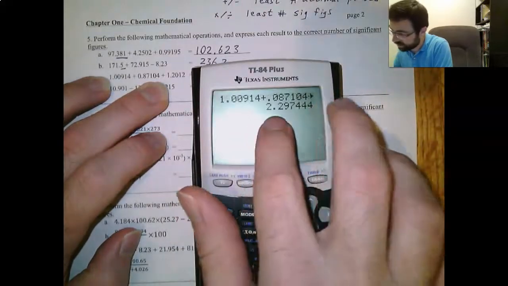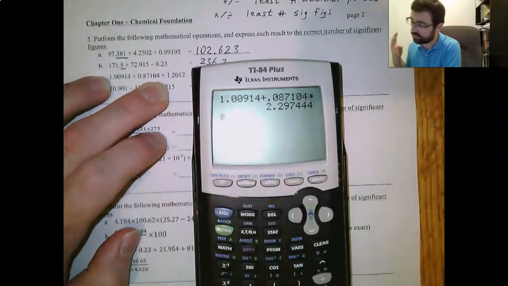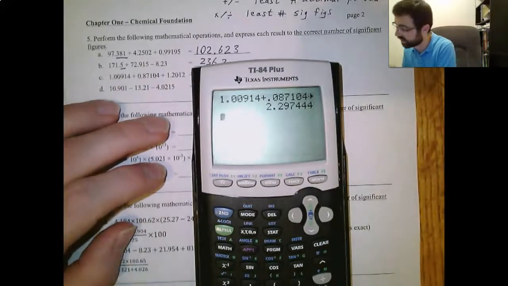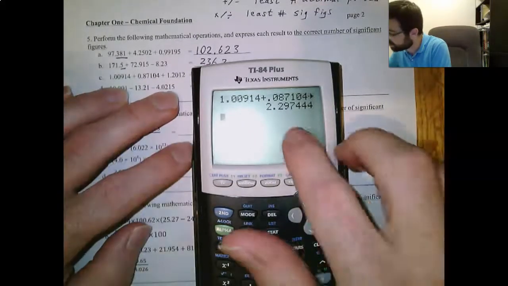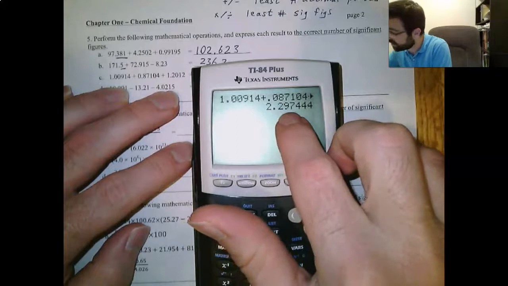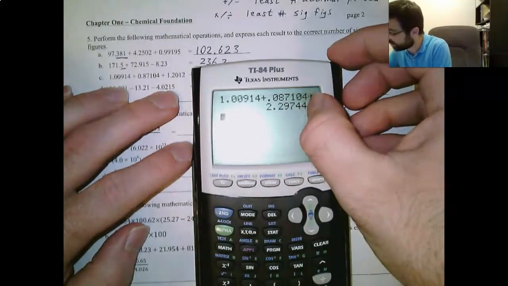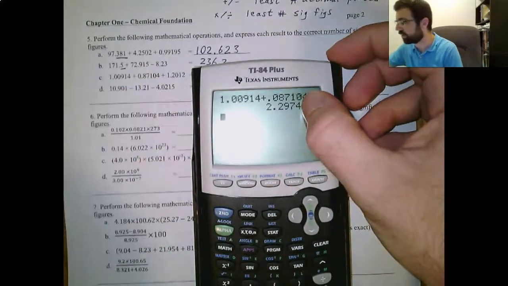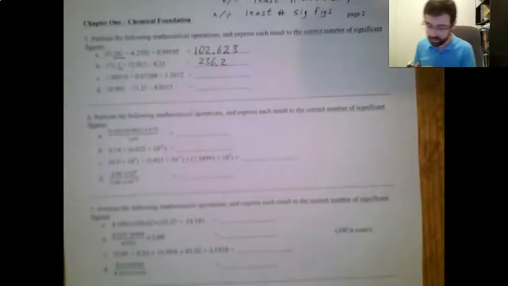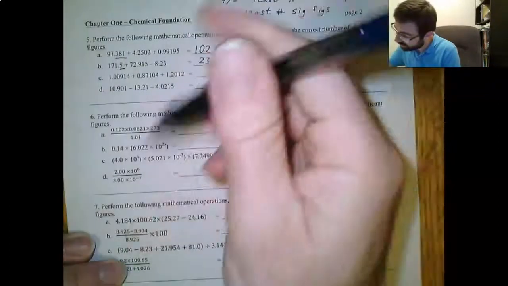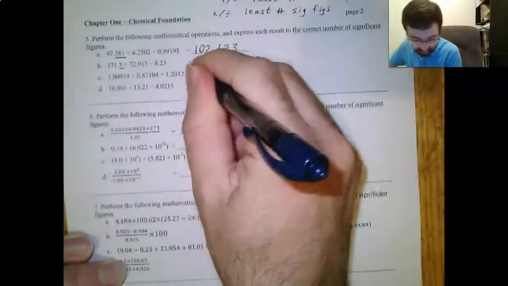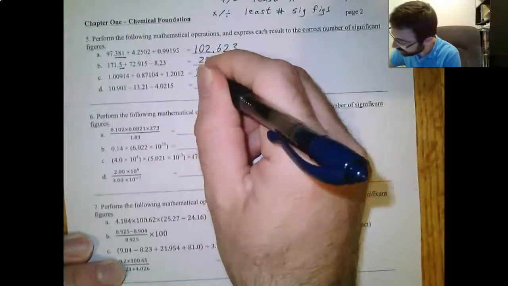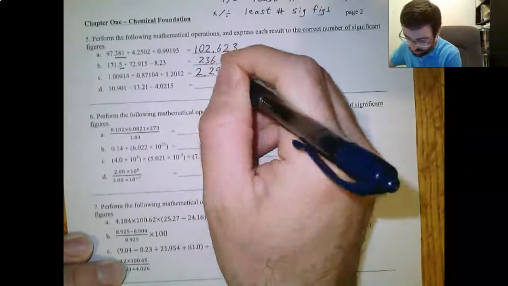I get that number. All right, I want to keep 4 decimal places because that's our least number of decimal places. So that would be 2974. The next number is another 4, so we're not going to round that up. It's going to be 2.2974.